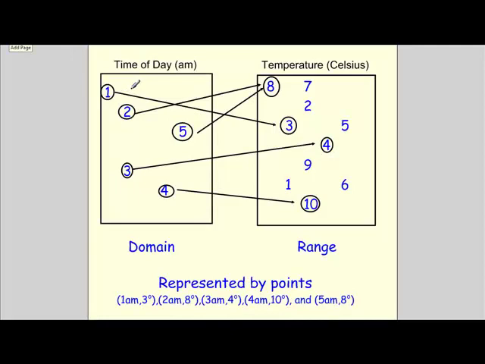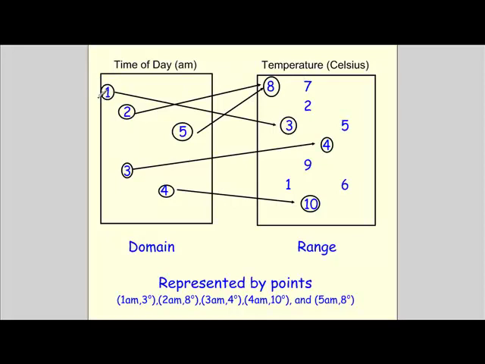Basically what a function does is it takes a set of numbers and maps it to another set of numbers. Okay, so in this example we have set A, which is the time of day in AM, and set B, which is the temperature in degrees Celsius.